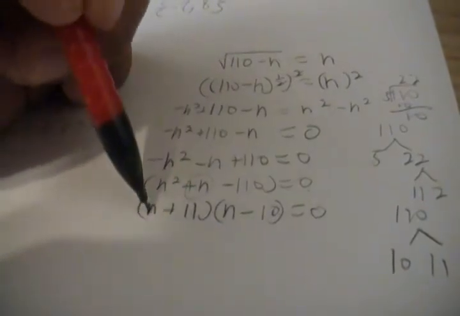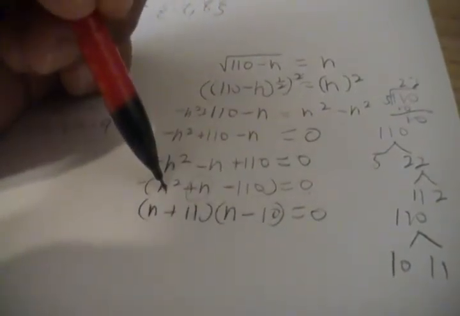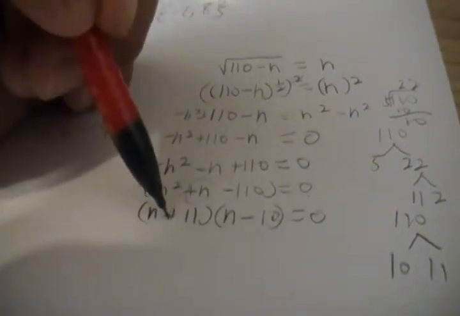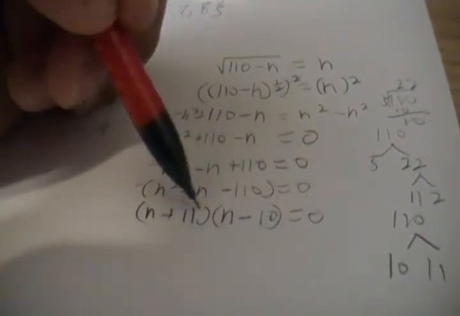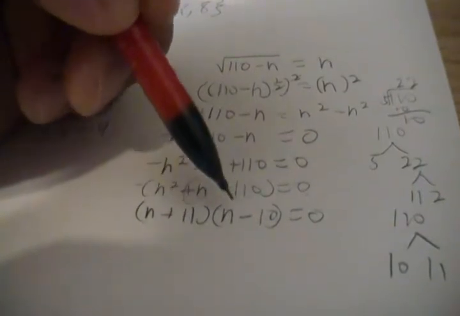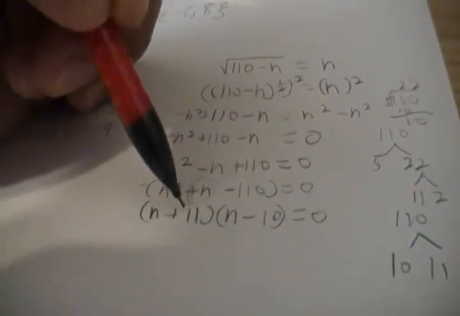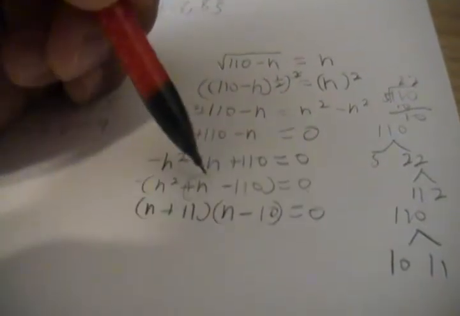Because when it comes to a binomial, if you multiply it out, you should get this answer. When you expand it, n times n is n squared. Then n times negative 10 is negative 10n, and 11 times n is 11n. So 11n minus 10n should equal n, and 11 times negative 10 should equal negative 110. So this is kind of like working backwards.